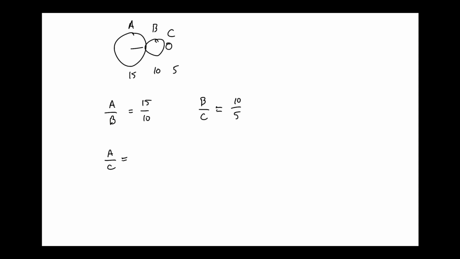I'm going to say, A to C is the same as A to B times B to C. And I know each of those quantities already, right? 15 to 10 and 10 to 5. And notice that in a sense the 10s cancel, right? And so what do we get? 3 to 1.